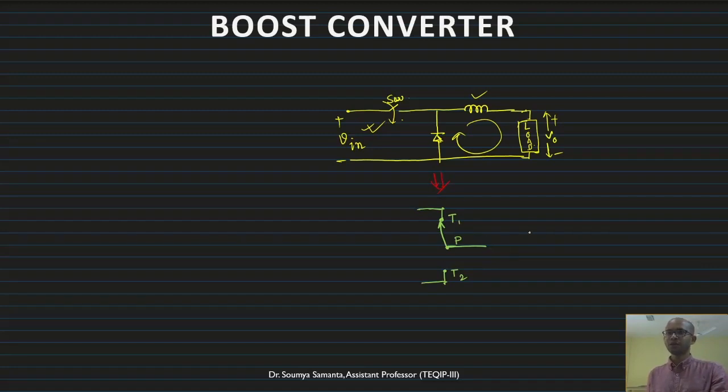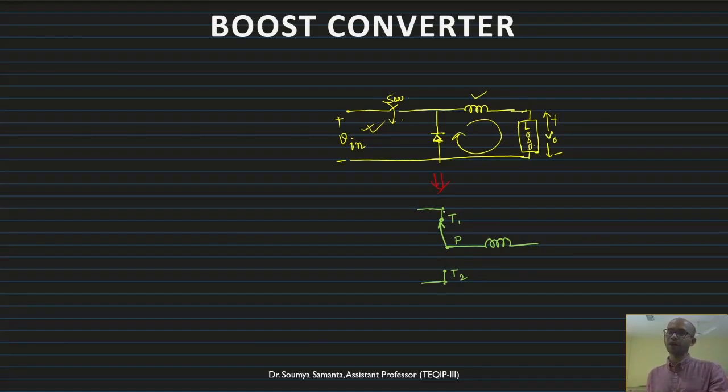Instead of the power electronic switch, we are representing it with an SPDT switch, single pole double throw switch. The inductor will always be connected to the pole. It will not be connected to the throw, because the throws will be closed for a certain time and open for a certain time.